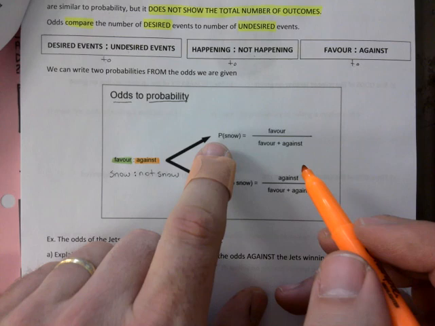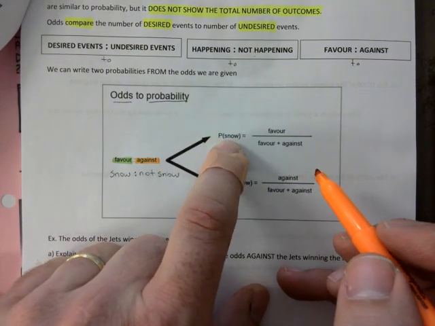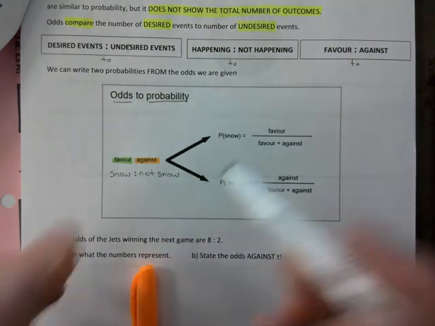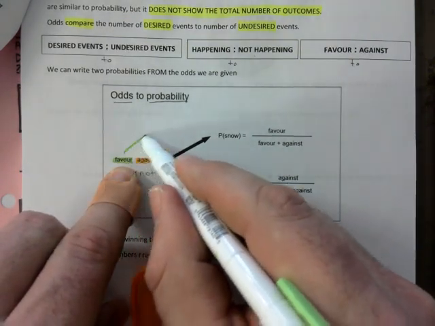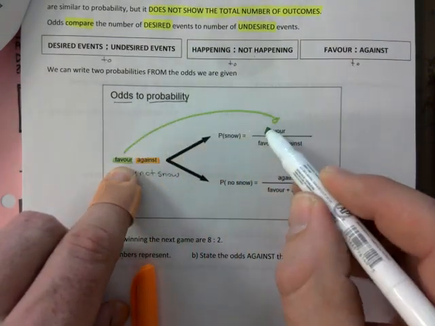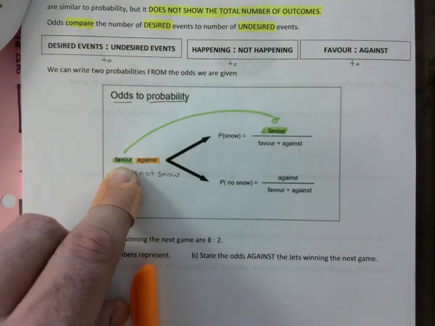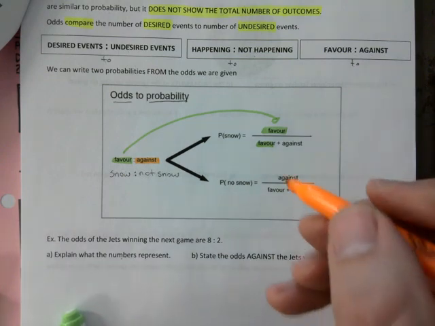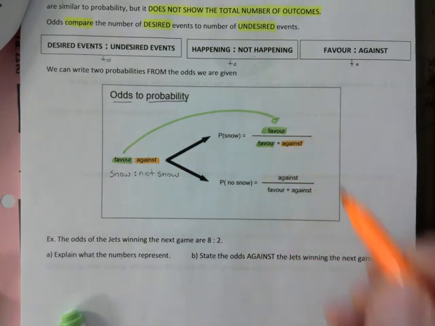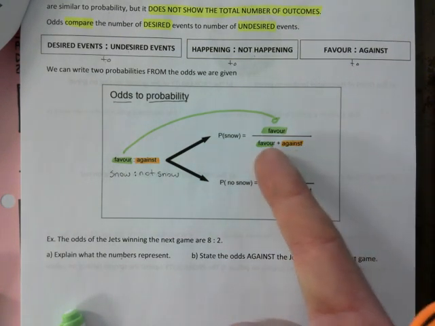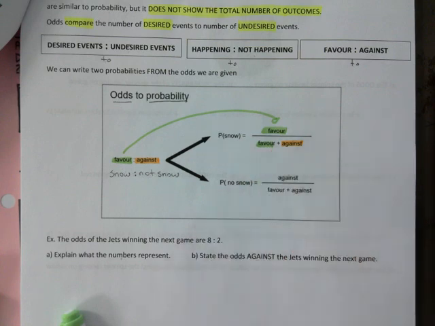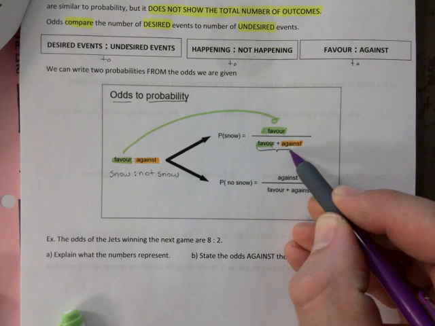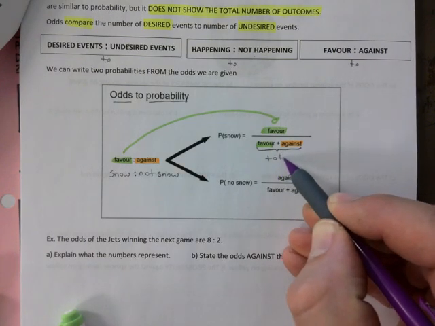So if you wanted to write the probability in favor of snow, you would put that number up here. You would put the number on top, and then notice how it's favor plus against. So this gives you your total, guys. Okay. This will give you the total.